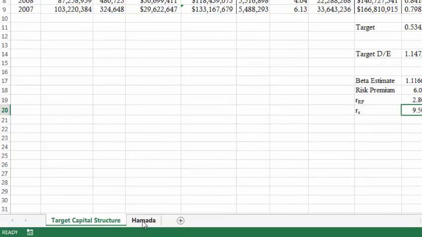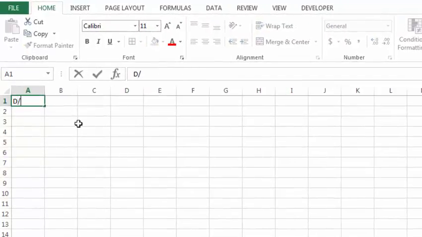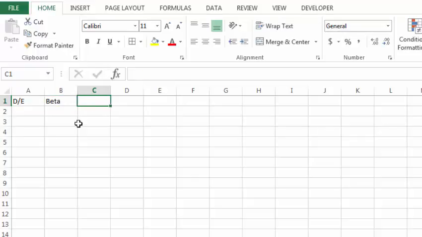So what I'm going to do first is go over to the Hamada sheet and put in different levels of debt to equity. So I'm going to say debt to equity, and then right next to it the beta, and then right next to that the R sub S. I'm going to highlight my S and subscript.